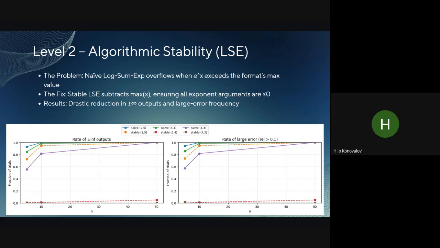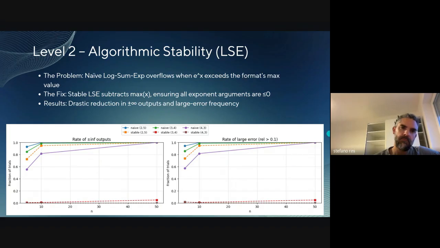Yes, I think it was multiplication. And how did you choose the... Okay, so the x representation is in mantissa plus exponent, right? And then you put the 2-5, the 3-4, and the 4-3. Very good. And then you look at the rate of plus and minus inf.